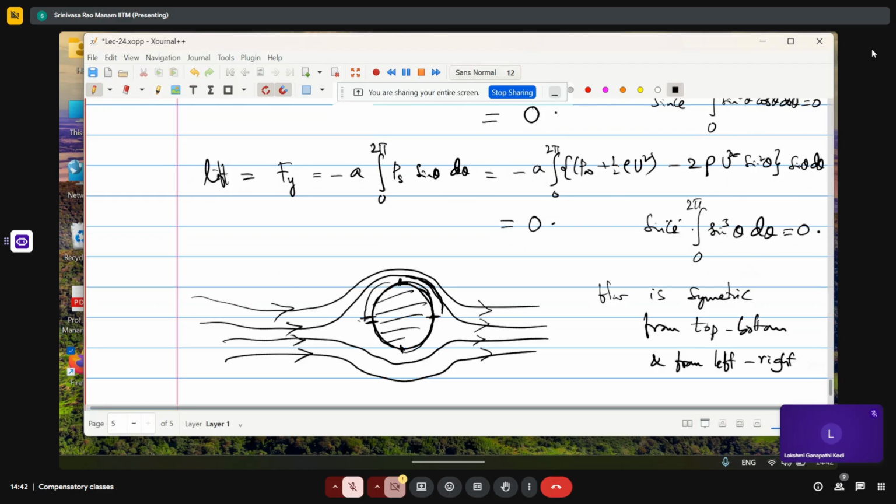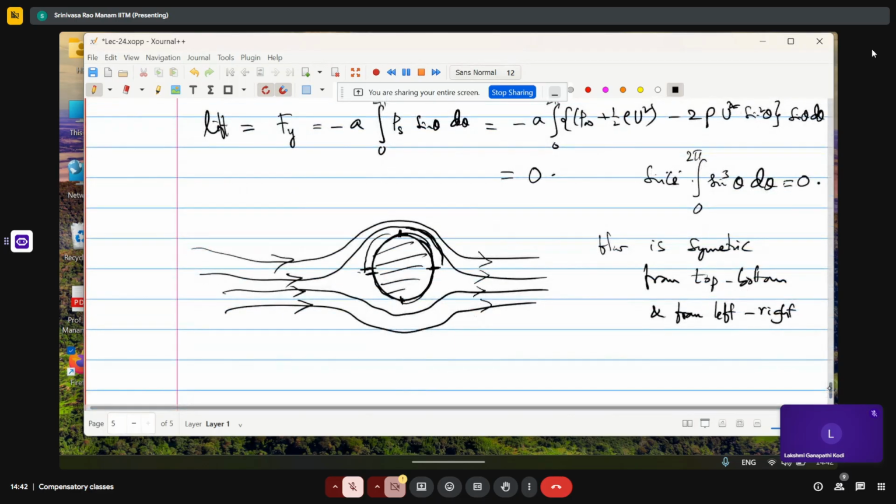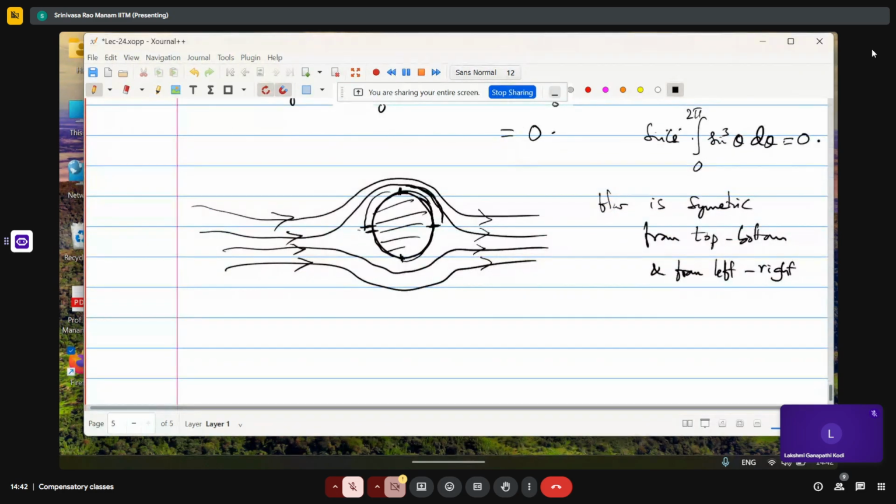So that just tells you that the pressure is also similarly symmetric. And you actually calculate it and you see that drag and lift are zero.